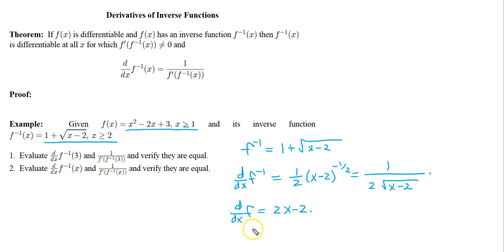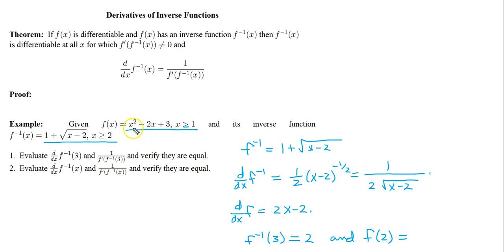And let's also note that f inverse of 3, if I put 3 in here for x, I get 1 plus the square root of 1, and that is just 2. And so let's also note f of 2 should be 3, right? If f inverse of 3 is 2, then f of 2 should be 3.